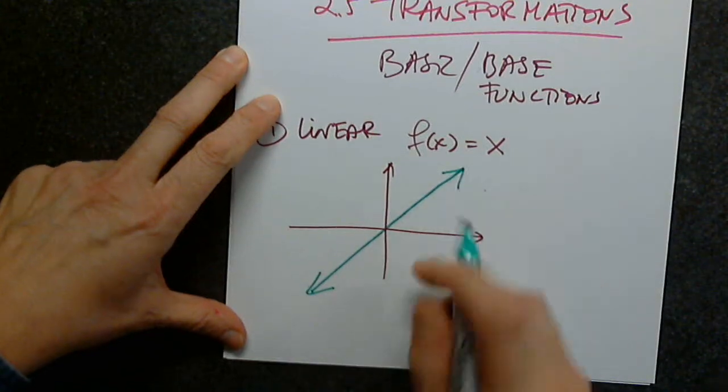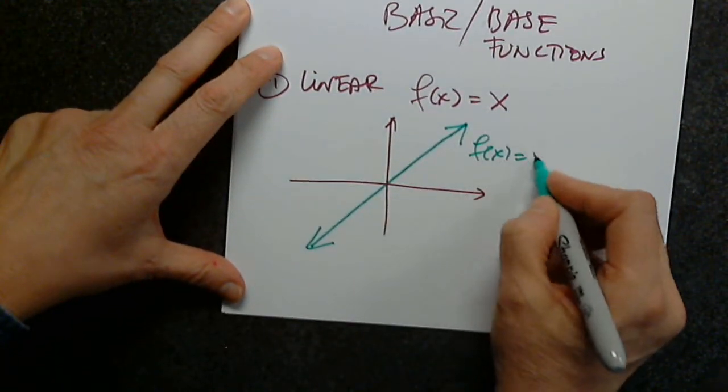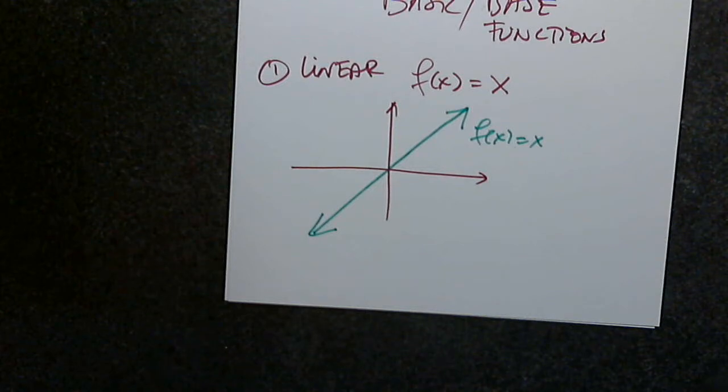This is the graph. F of x equals x. Can anyone tell us whether this function is odd, even, or none of the above? Let me refresh your memory. Even function is symmetric with respect to the y-axis. So what I have here, I have to have here, identical. But if it's symmetric with respect to the origin, what I have here, I have to have here, identical across the origin.